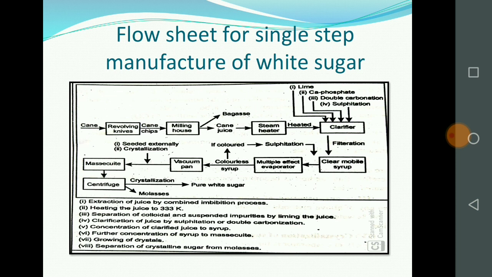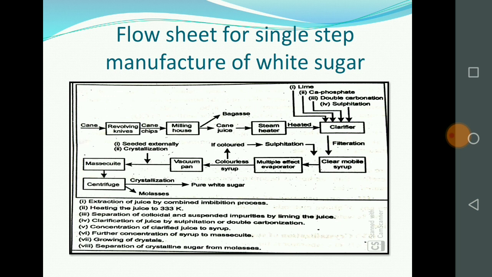Second is clarification of juice. The cane juice collected from the mill house contains about 78 to 86% water, 10 to 20% sucrose. Organic matters are about 0.5 to 1%. Reducing sugar about 0.5 to 2.5%, and ash about 0.3 to 0.77%.